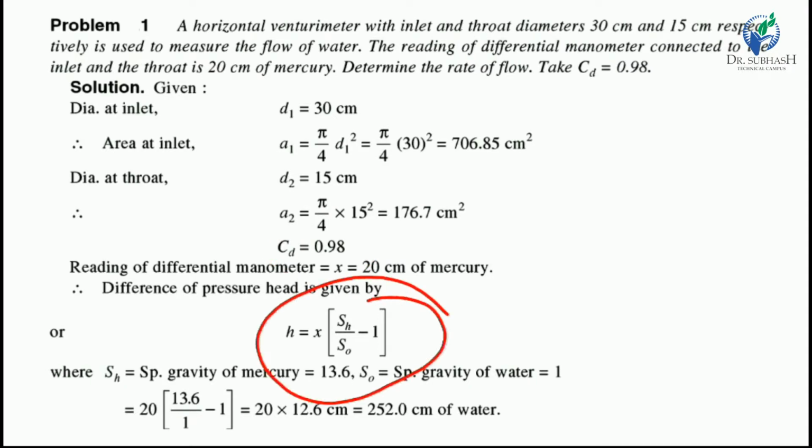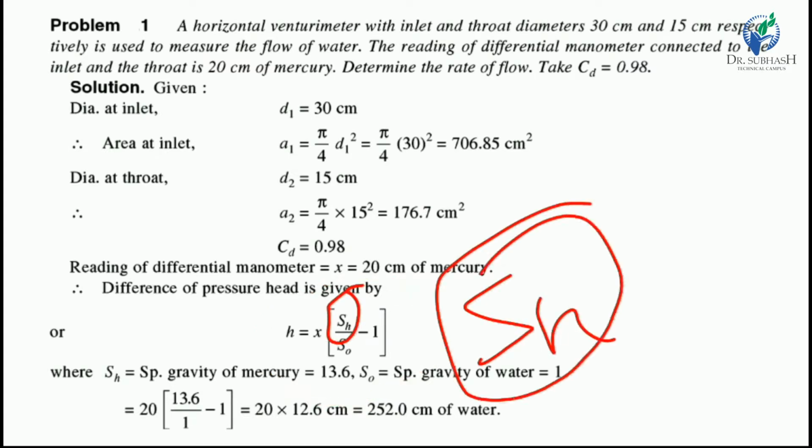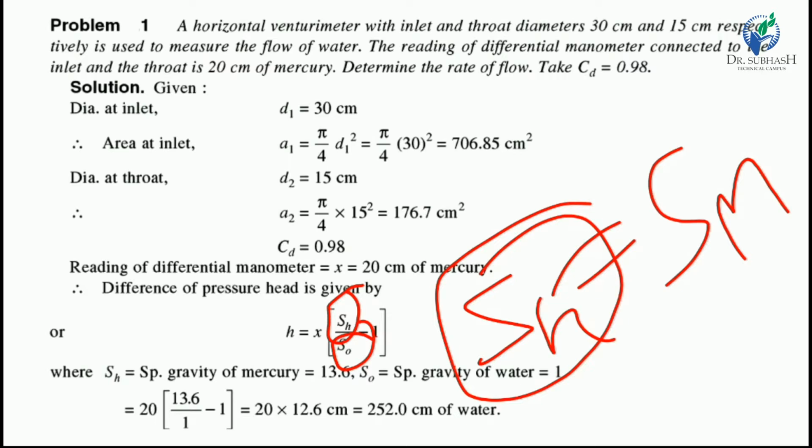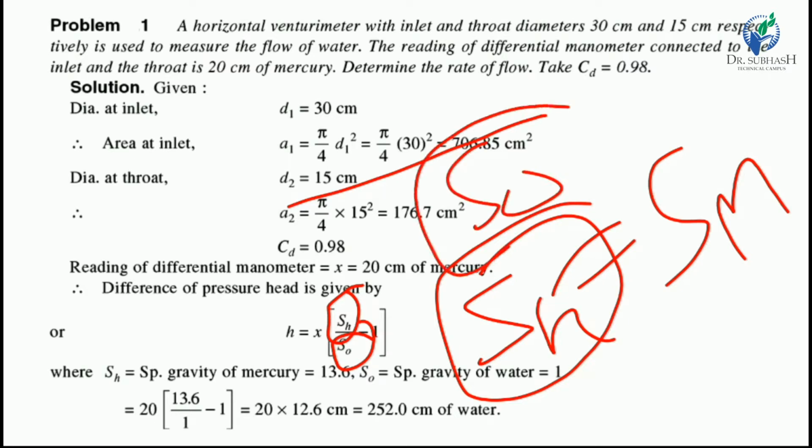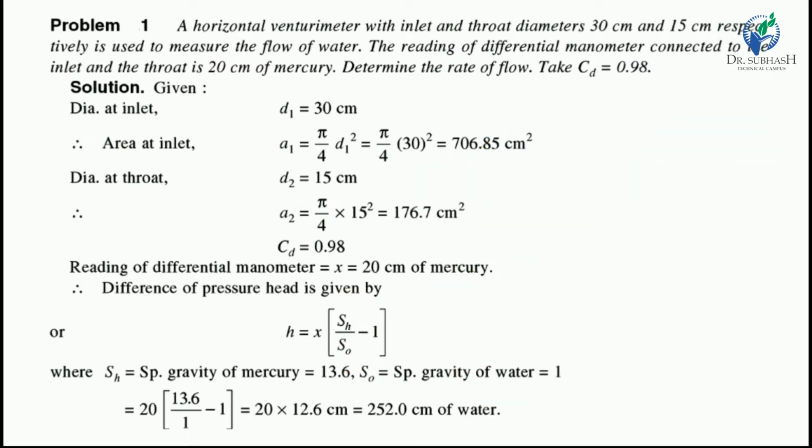Now we know that h is found from the equation h is equal to x times SH upon SO minus 1. SH is the specific gravity of the heavy liquid, which is mercury, and SO is the specific gravity of the flowing liquid, which is water.